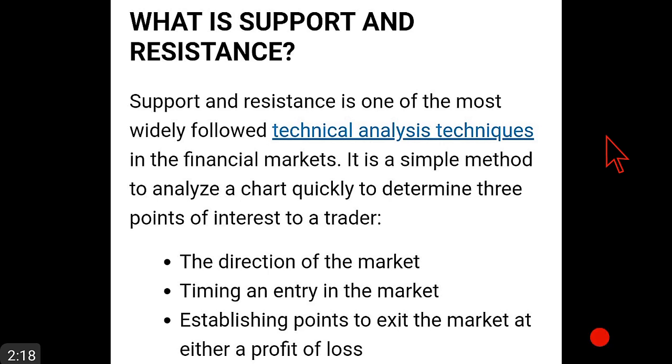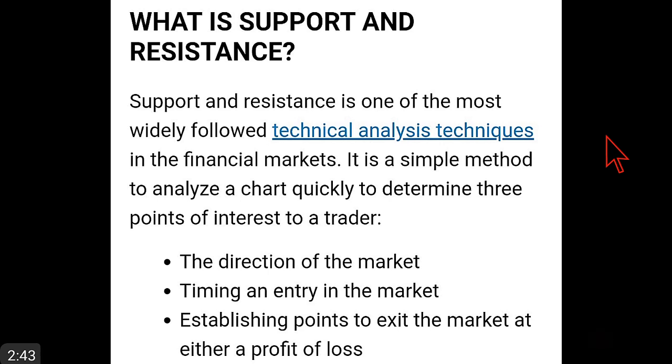If you are good at using indicators, you are also a technical analyst. If you are very good at using price action, you are a technical analyst. So I want you to please follow through, because today we'll be looking at something called support and resistance. Support and resistance is very crucial.